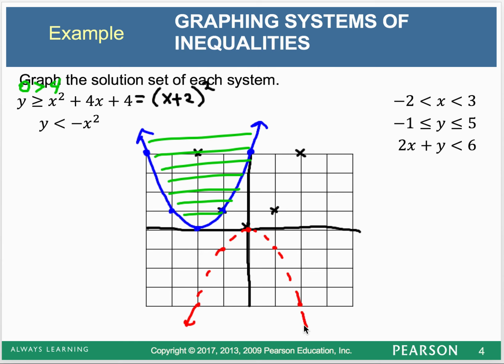I can't use 0, 0 for my point, so let's use 1, 1. If I plugged a 1 in here, I want to know, is that less than, remember this negative? Nothing to do with that, so is that less than negative 1? Is 1 less than negative 1? No. 1 is not, so don't shade outside. Once again, I would be shading inside.